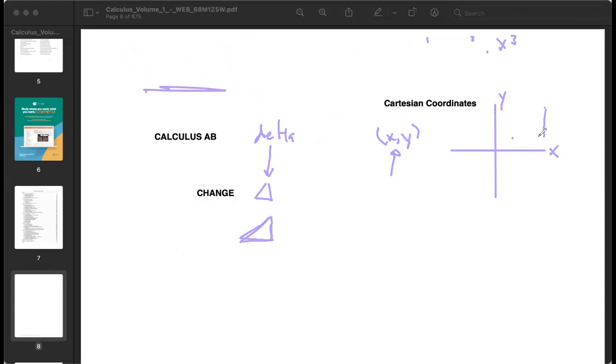And when you do have those triangles, you can imagine that happens to be rise over run. Rise over run. And so up to this point, your slope is equal to rise over run. And you guys know that. That's very basic.